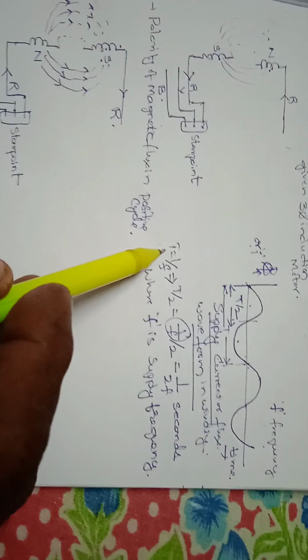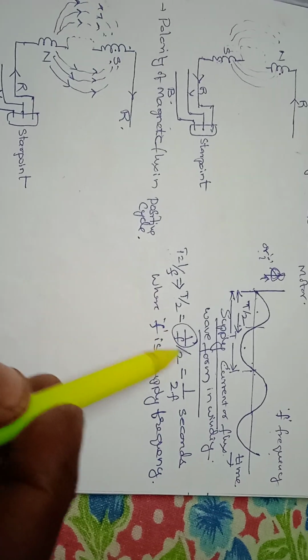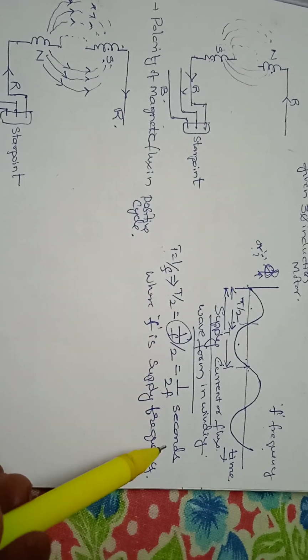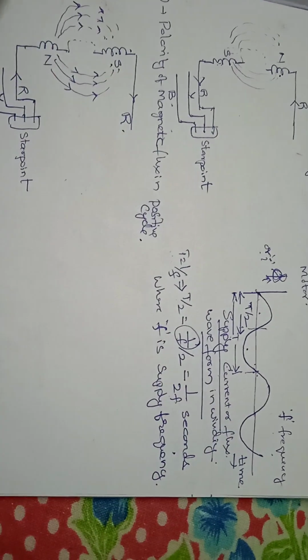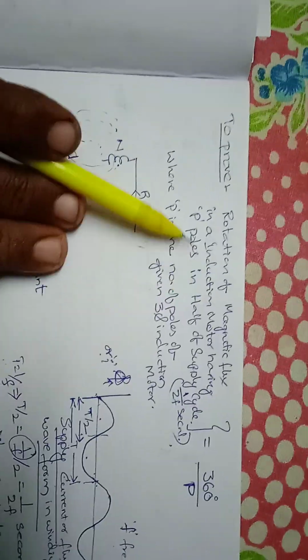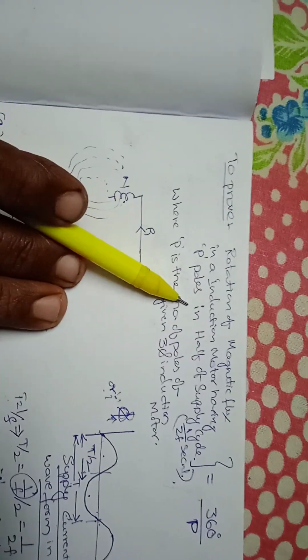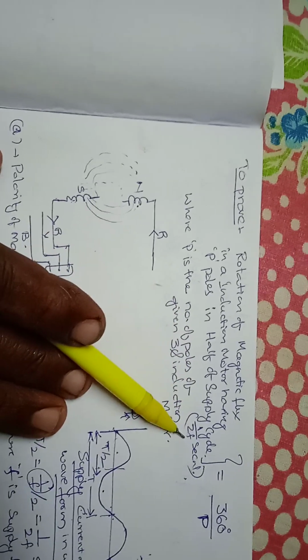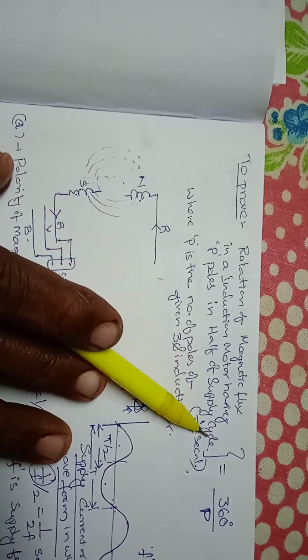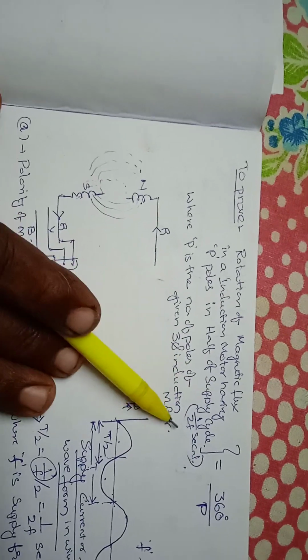So half of the time period is 1 by 2F seconds. Now we first have to prove the rotation of magnetic flux in an induction motor having P poles in half a cycle of supply, that is 1 by 2F seconds.